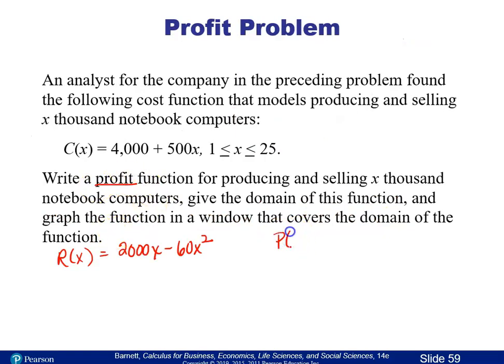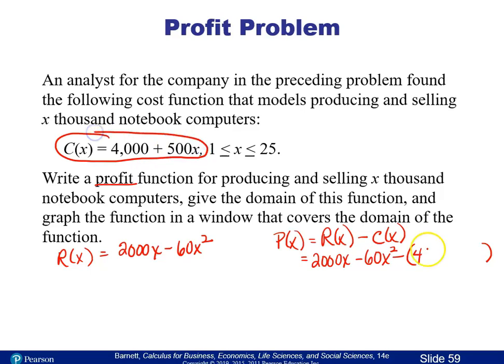So profit is simply the revenue, what we take in, minus our expense, which is the cost. So the revenue equation is 2000x minus 60x squared. And the cost, again, when you're subtracting something, always put it in parentheses. The cost is this equation we're given up here. So 4,000 plus 500x.